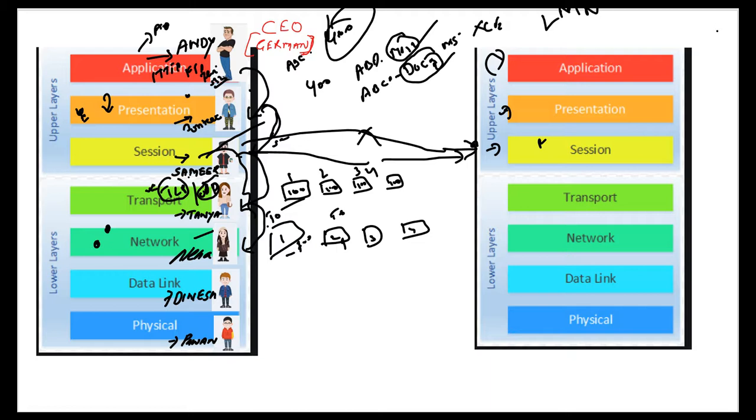So, apart from the source and destination address, the network layer also gives me the routing information: which route I need to take to reach the destination from the source. You can say it will give me the best route out of multiple routes. Suppose there are multiple ways to reach that XYZ company, but Neha told Dinesh, if you remember the story, that you have to take a highway.